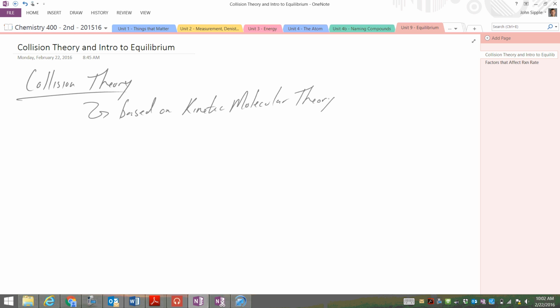So first things first here before we really get going, collision theory. It's based on kinetic molecular theory. You guys remember kinetic molecular theory? KMT?